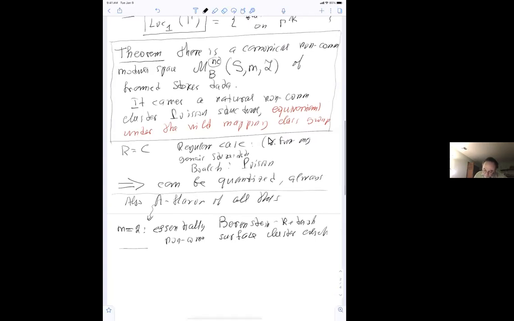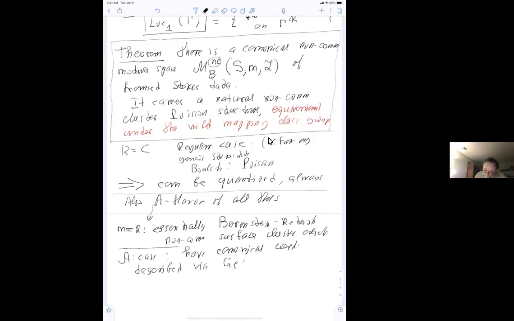And also in general, in the A case, you have canonical coordinates which are described via quasi-determinants.